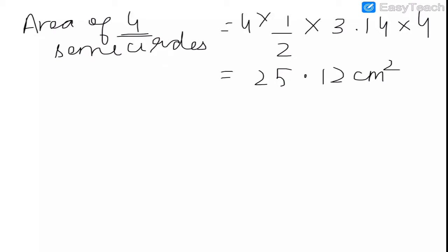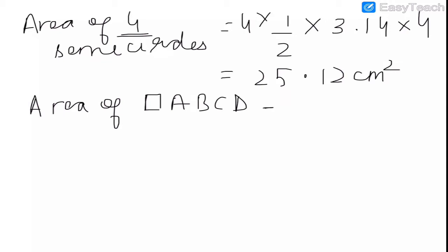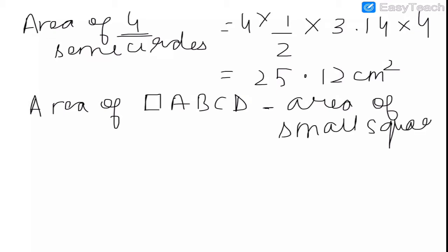So now we'll get the area of shaded region by finding the area of square ABCD minus area of small square minus area of 4 semicircles.